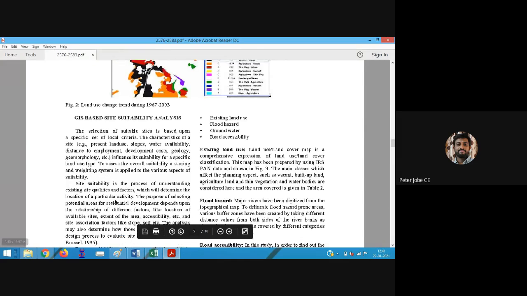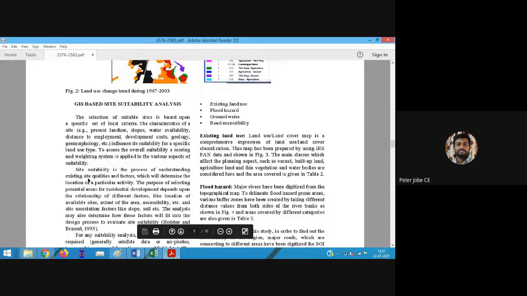The site suitability analysis is a process of understanding existing site qualities and factors which will determine the location of a particular activity. The purpose of selecting potential areas for residential development depends upon the relationship of different factors like location, available sites, extent of area, accessibility, etc., and site location factors like slope, soil, etc. So all these factors will come into the picture when we do a site analysis.